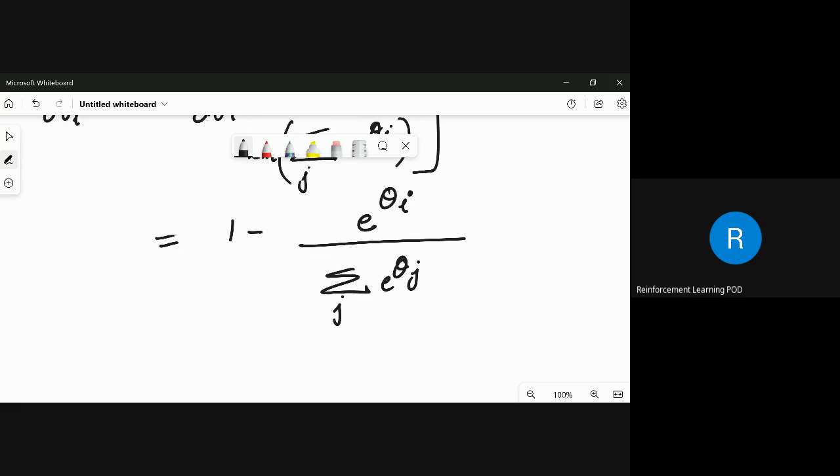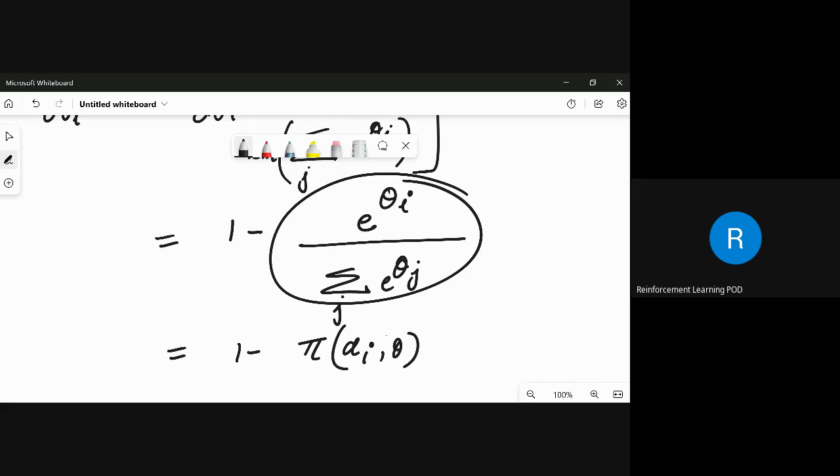Okay, so this will become 1 minus pi of a i. This is the same quantity as the probability of taking action a i. Does it make sense? Is this clear? Yeah. All right. So we can go.